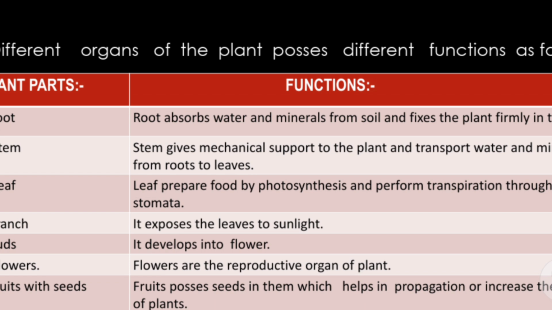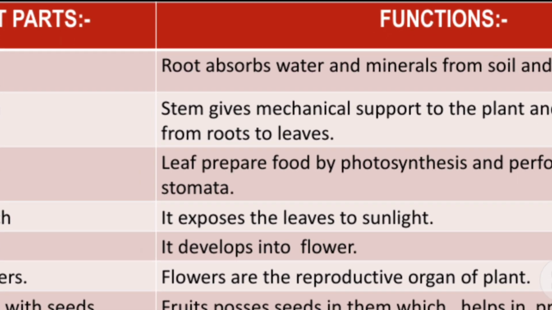With the help of chlorophyll, they prepare food by the process of photosynthesis. And also water gets evaporated from leaves by the process of transpiration through tiny openings present in the leaves known as stomata.